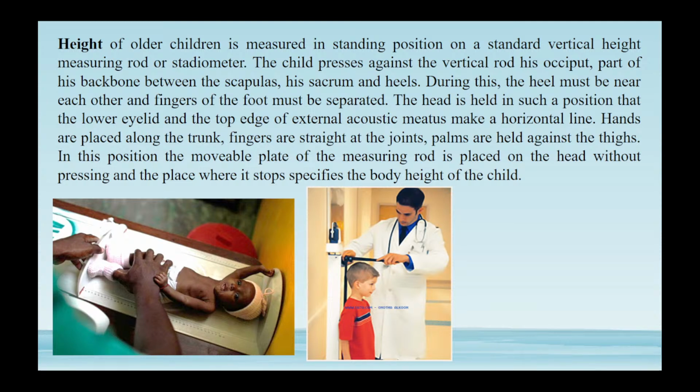measuring rod or stadiometer. The child is pressed against the vertical rod, touching it with the part of the backbone between the scapulae, the sacrum and the heels. During this, the heels must be near each other, and the toes of the feet must be separated.